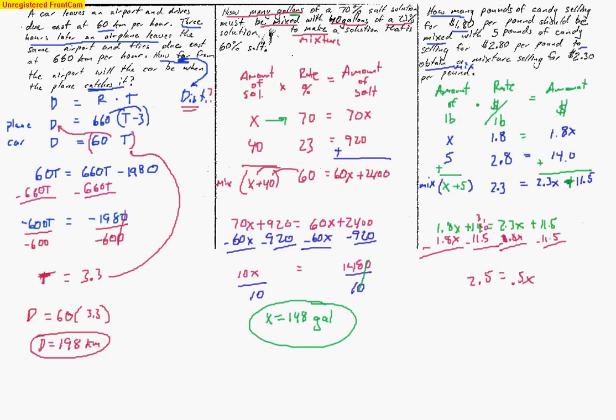And so when we do division with decimals, since I can't divide by decimals, I move that decimal over. It makes the division a little bit easier when you don't have to deal with it. And so now I'm just going to divide by 5 on both sides, and I end up with 5, which is what we thought it would be because the amount of mix was right in between the two parts. And so it makes sense for it to be exactly 5 pounds and the other amount being 5 pounds.